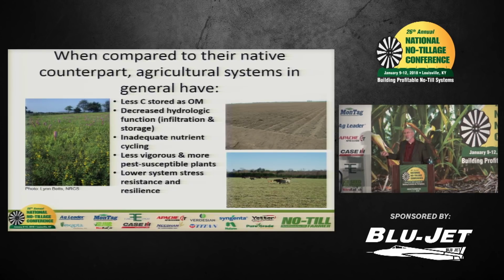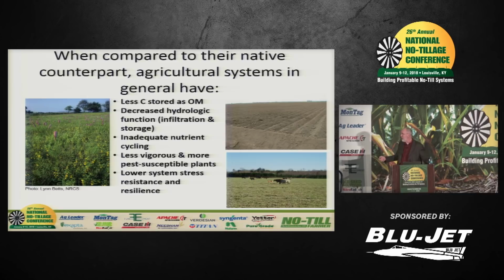And what I mean by that is less water gets in, less water is stored, more runs off. And that's related to carbon stored as organic matter. Inadequate nutrient cycling in the ag systems compared to the natural systems. Less vigorous and more pest-susceptible plants in our ag systems compared to the natural systems. And then the bottom line is we have lower stress tolerance, less resistance, less resilience in those systems.